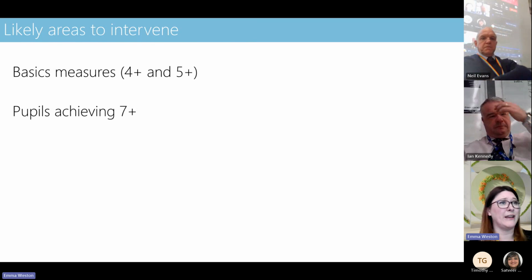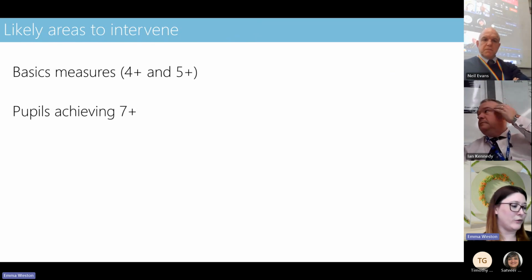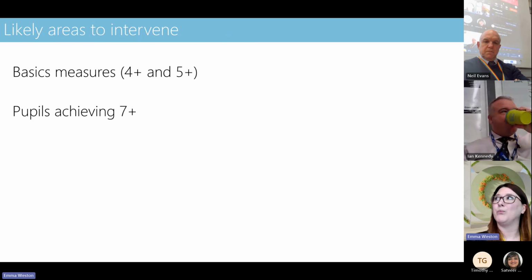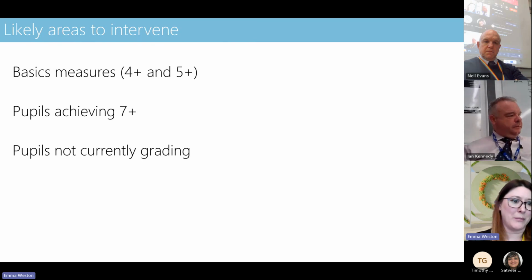Sometimes pupils achieving 7 and above, if we've already been quite successful at converting maybe our basics measure pupils, we might then think about what are our top end doing? Are we getting enough pupils achieving 7 and above? Because we know that that can impact on our overall progress scores for our departments.